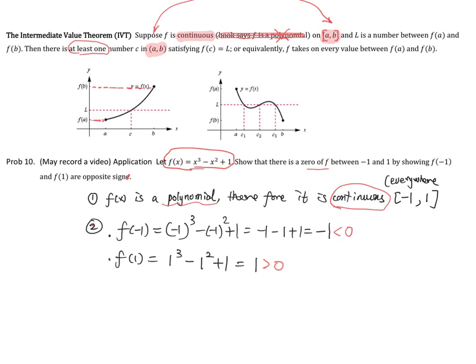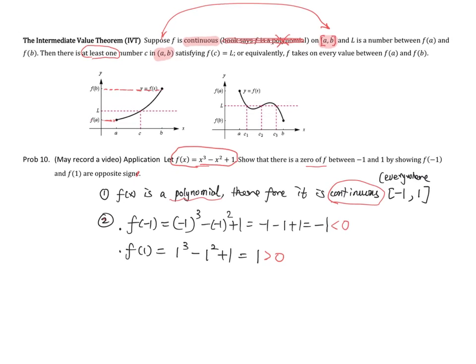Now, according to the theorem here, it says L is the number between f of a and f of b. So L is the number between the function values at these two endpoints. Do you see that the function value at the left endpoint is -1 and at the right endpoint is 1, and 0 is the number in between -1 and 1.